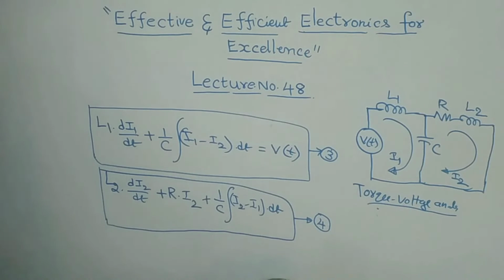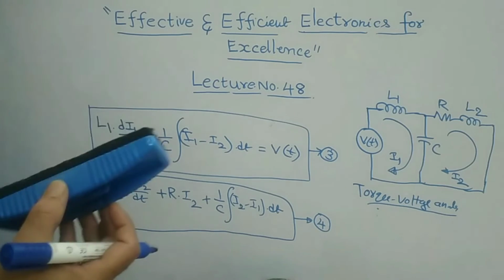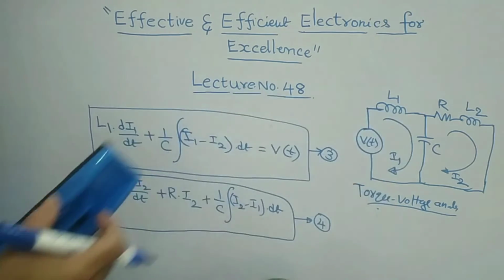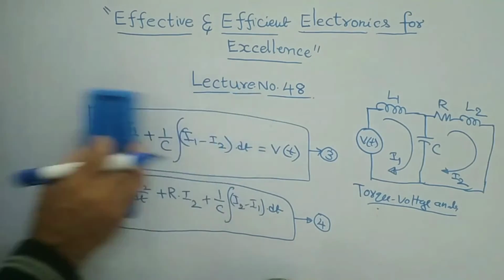Now, coming to the torque current analogy. If you draw the torque current analogy, how would it look like? This is again simple. If you recall those two differential equations, I can write the electrical equivalent circuit from them. Okay, I think it is clear. I am erasing this.